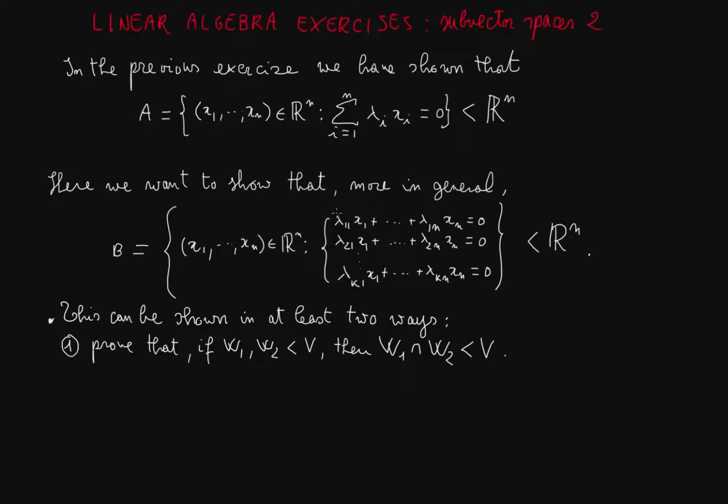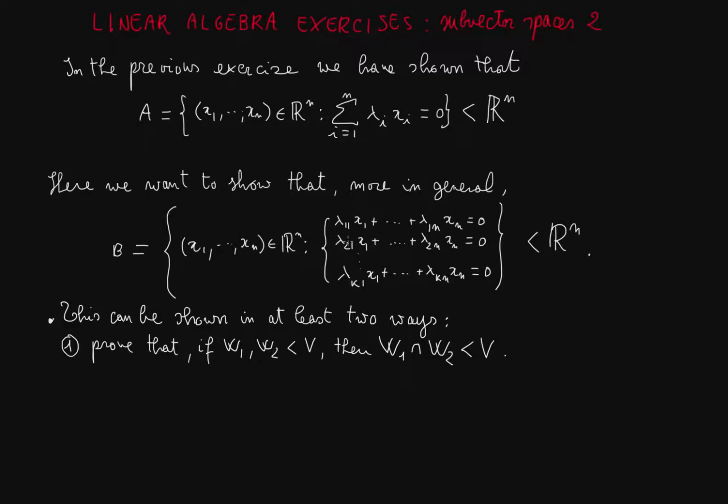Just for example, consider B given by two linear equations instead of k. Now, the set B of n-tuples satisfying the first linear equation and the second linear equation simultaneously is precisely given by the intersection of the set of n-tuples satisfying the first linear equation with the set of n-tuples satisfying just the second linear equation.